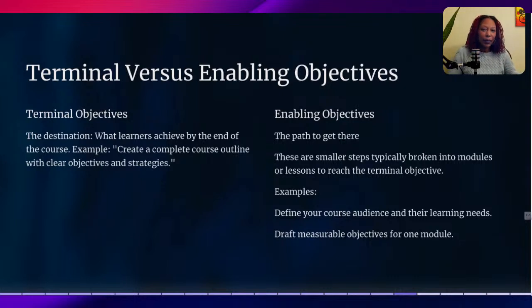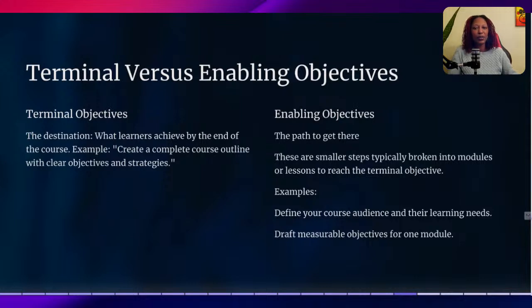Your enabling objectives might include defining their course topic and the audience, outlining their modules, writing objectives, choosing a course platform, deciding on how much to charge for it, how to market the course. All of those are smaller enabling objectives that are going to help them get to that end goal of creating a course.